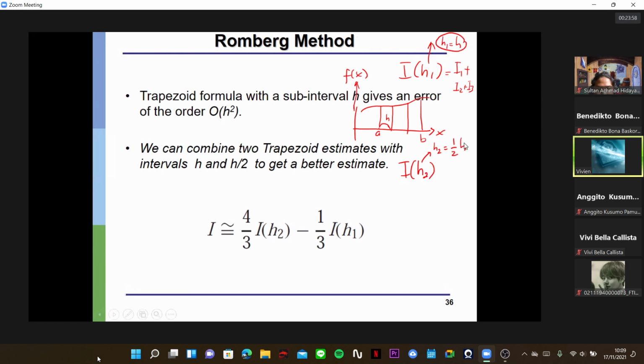It means we now use twice the number of segments. Previously we had 3 segments, now we have I1 plus I2 plus I3 plus I4 plus I5 up to I6, so twice the calculation of the previous one.